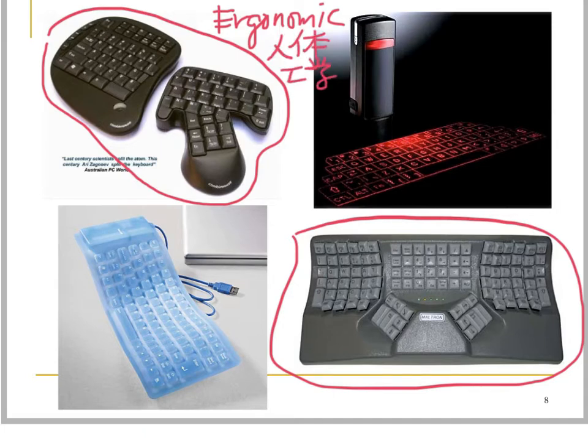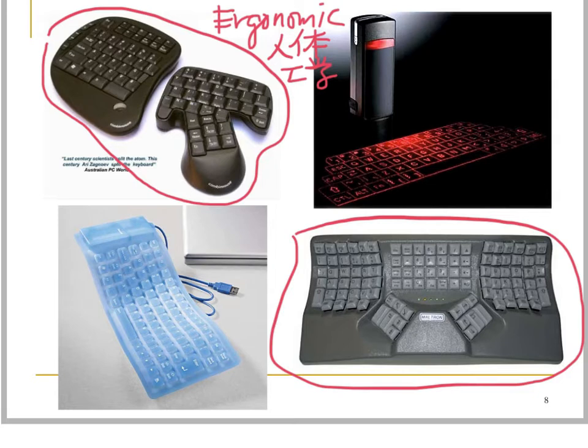These keyboards are specifically designed to suit the special needs of different people, for example, to make typing much easier. They are especially suitable for people with physical disabilities or people with limited arm movement.